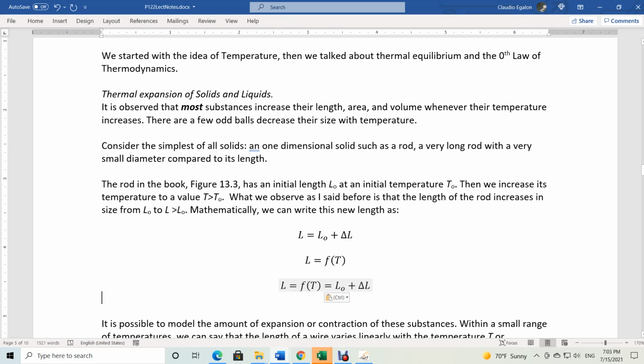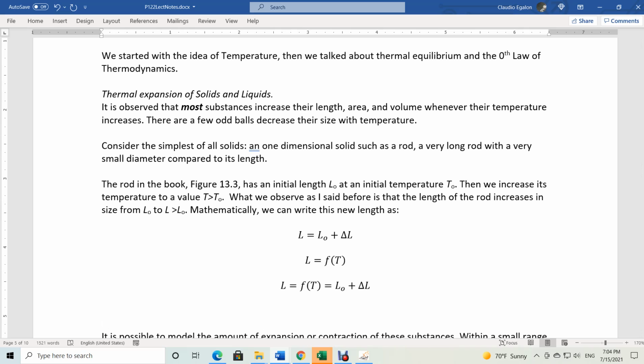Functional notation. L naught is a constant. L naught is not a function of any temperature whatsoever. It's the initial length. So what's going to be a function of the temperature is this delta L here, this change in length. So the functional dependence on temperature is right in here, okay? So L naught, the initial length, is not a function of temperature.